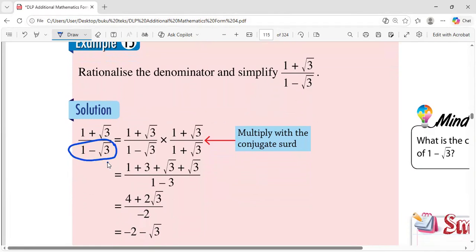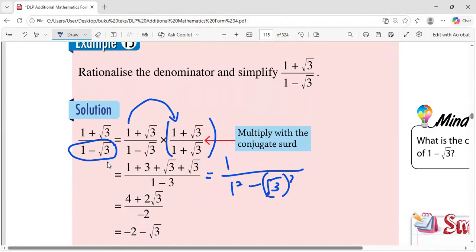1 minus surd 3, then the conjugate surd is 1 plus surd 3. The same thing, it will become 1 square minus surd 3 square. And then I will get this. On top, 1 times 1, I get 1. 1 times surd 3, I get surd 3.